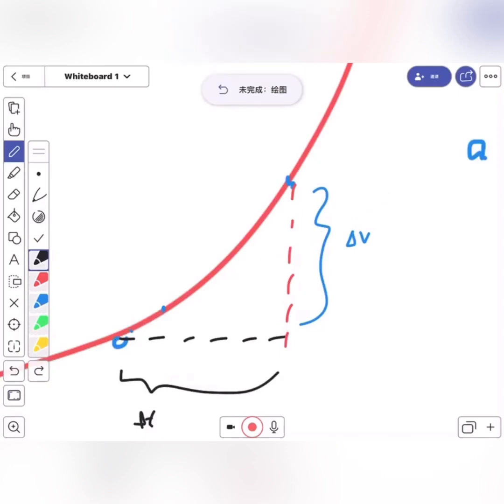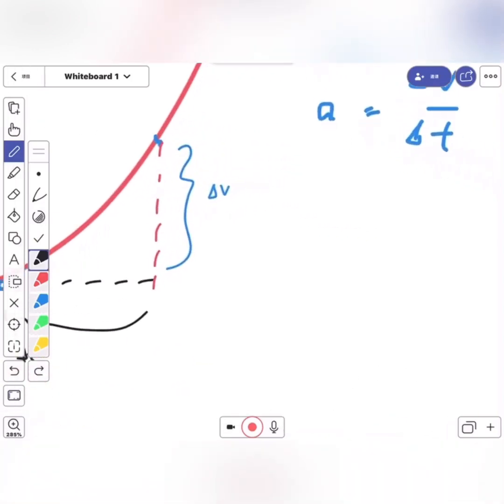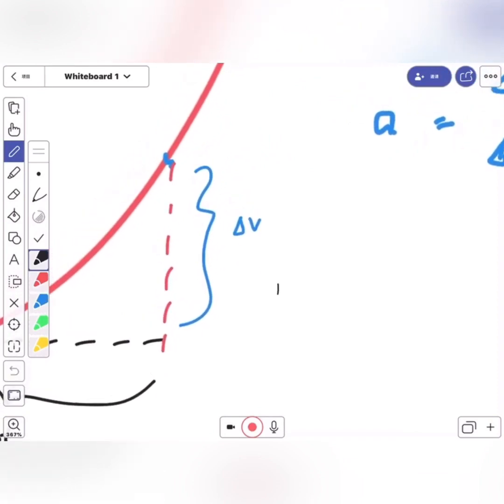So this can be expressed as the limit as h approaches 0 of v of t plus h, because we always use v of t in physics, minus v of t, divided by h.